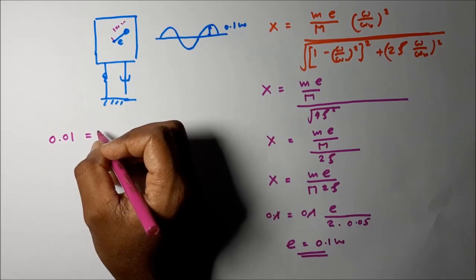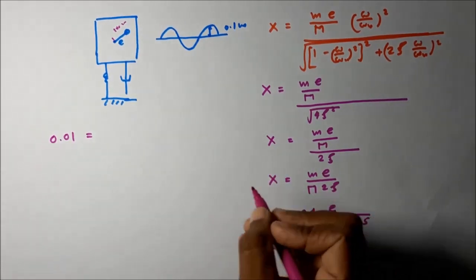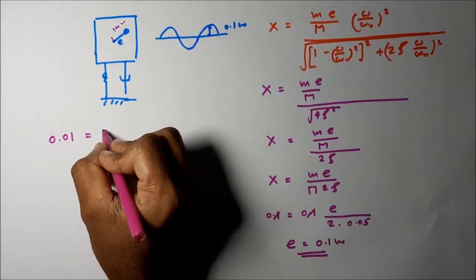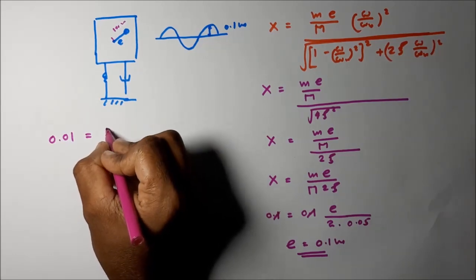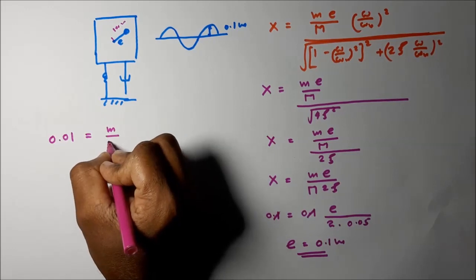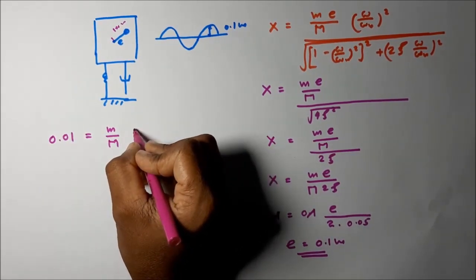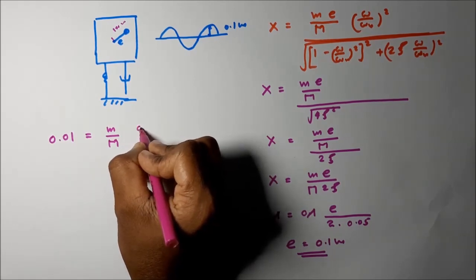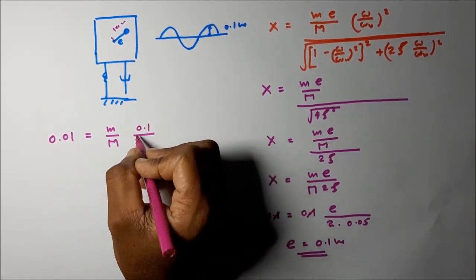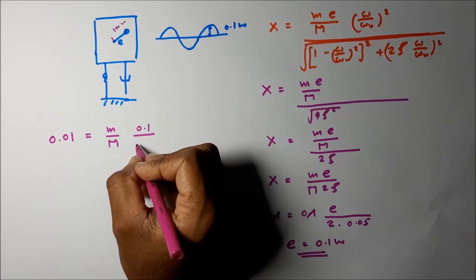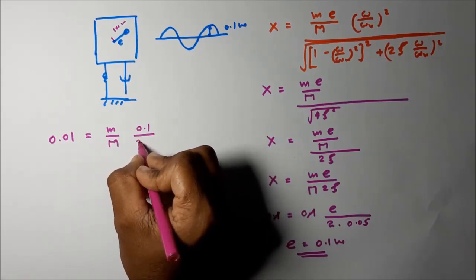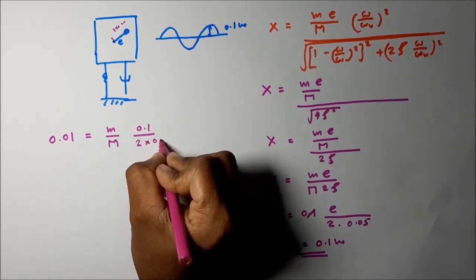In this situation, let's look at this ratio, m divided by capital M. The eccentric distance is not changing, 0.1, divided by 2 zeta, 2 into 0.05.